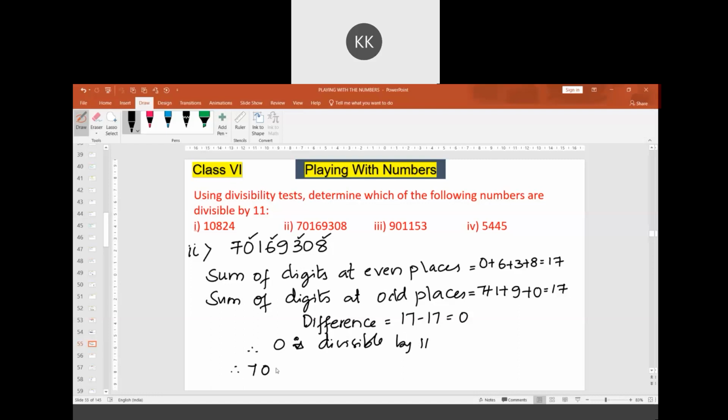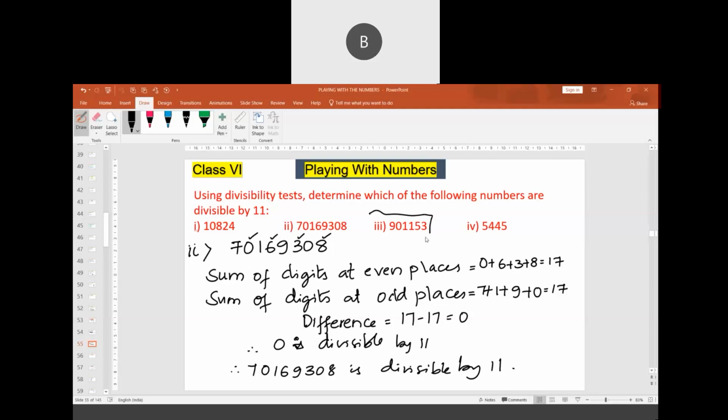Therefore, the number 70169308 is divisible by 11. Understood this? Yes, sir.